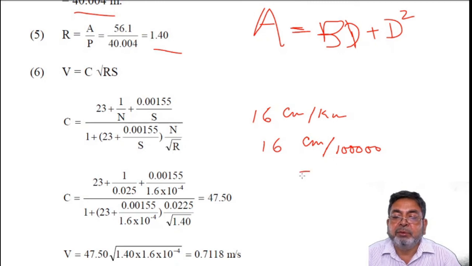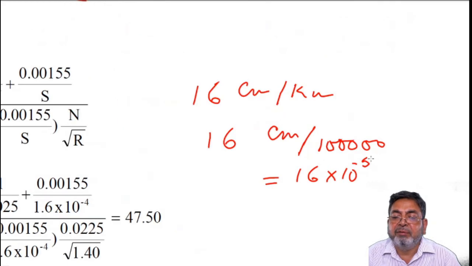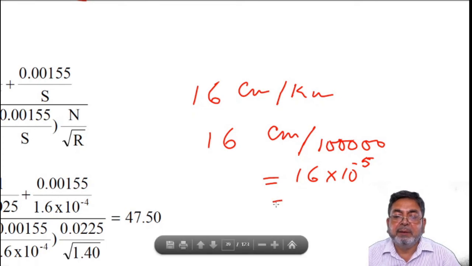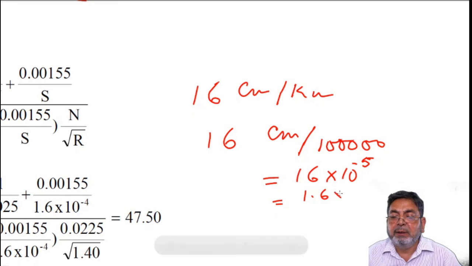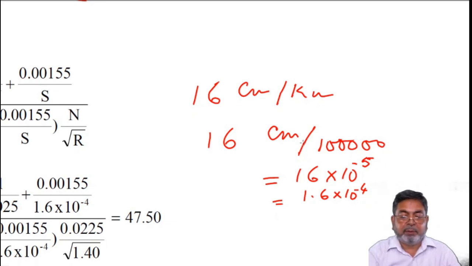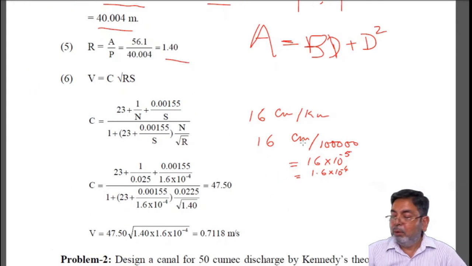So it is coming out to be 16 into 10 to the power minus 5, or you can write it 1.6 into 10 to the power minus 4. Now with this, the units have gone, and you can directly put this value of S here.